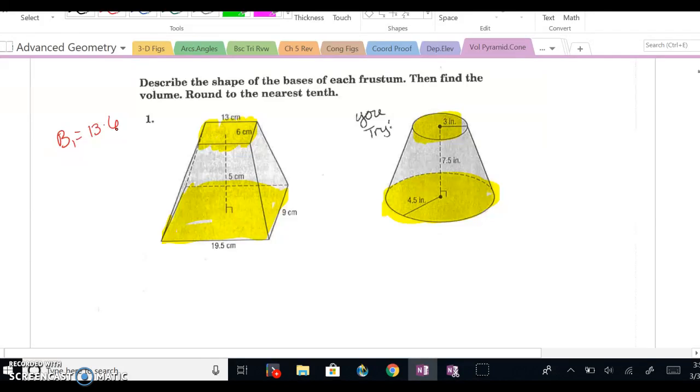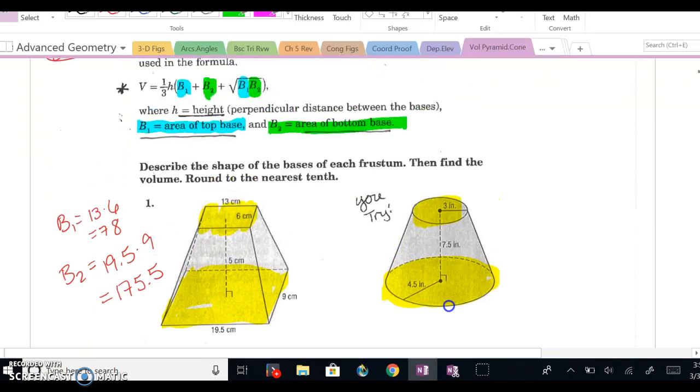So that gives us 78. And then we're going to find base 2, the area of the bottom of the frustum, which is 19.5 times 9. And so that comes out to 175.5.